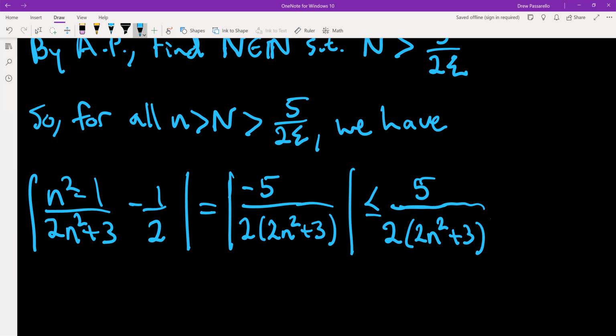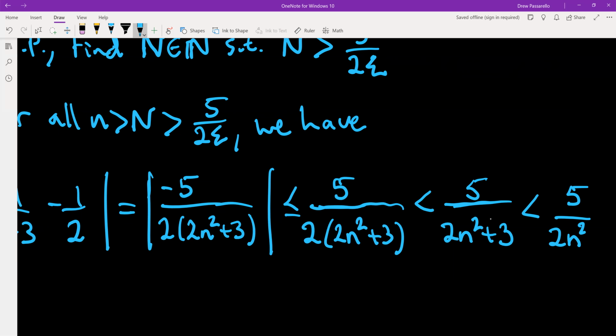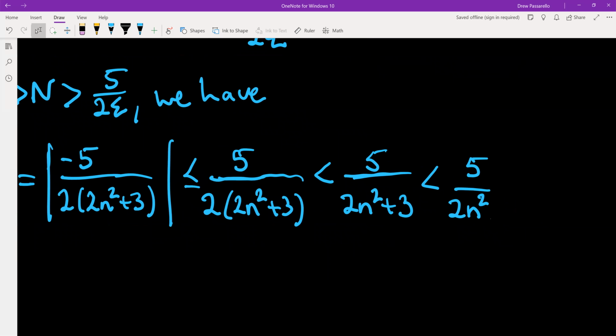All right, and then that itself is less than just 5 over 2n squared plus 3. And then 2n squared plus 3, that's greater than 2n squared. So we said that when we have this 5 over 2n squared plus 3, that's less than 5 over 2n squared. Since that's dividing by a smaller quantity, it makes 5 over 2n squared a bigger number.